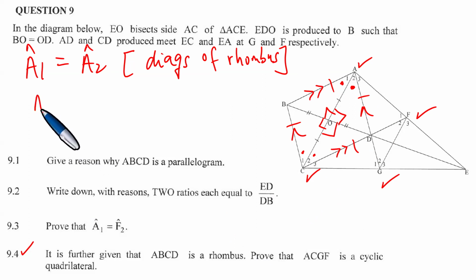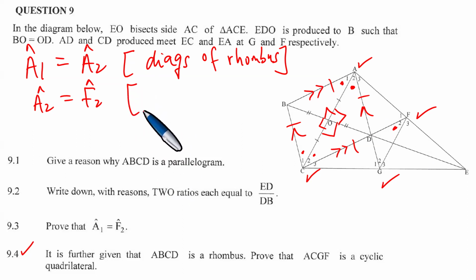The angle A2 equals the angle F2. Why is angle A2 equal to the angle F2?